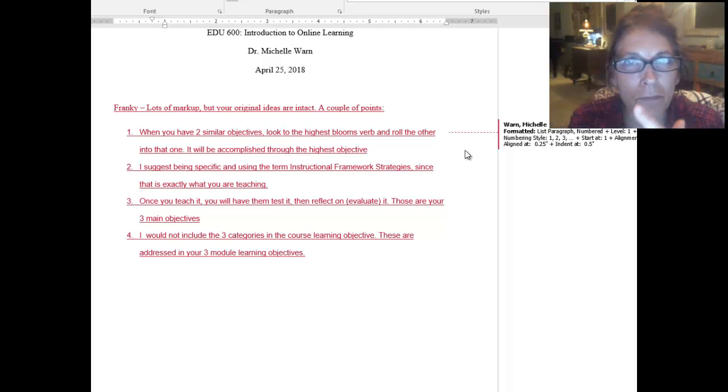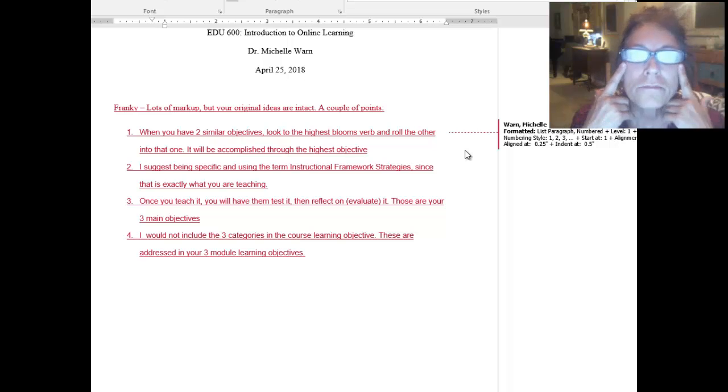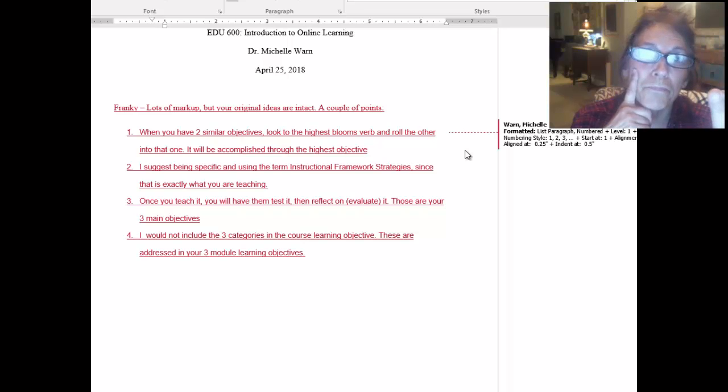Because they're not going to be able to implement it unless there's some time involved to give them a chance to implement it. So you might want to consider having your lesson for the first two objectives for each module, but then in a month they come back and talk about how the implementation went.